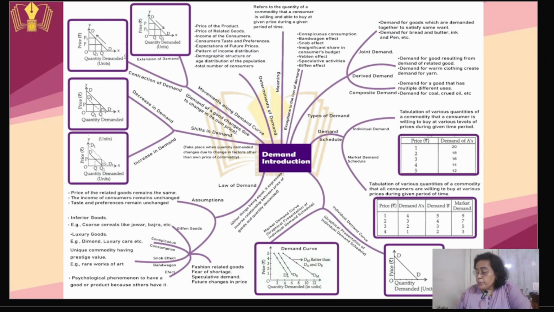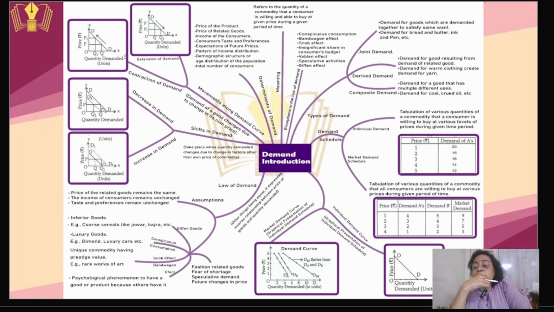Next comes composite demand. Now, what do you mean by composite demand? Basically, composite demand means when any commodity or service is demanded for many alternative uses. For example, electricity services are demanded both for domestic and commercial uses.